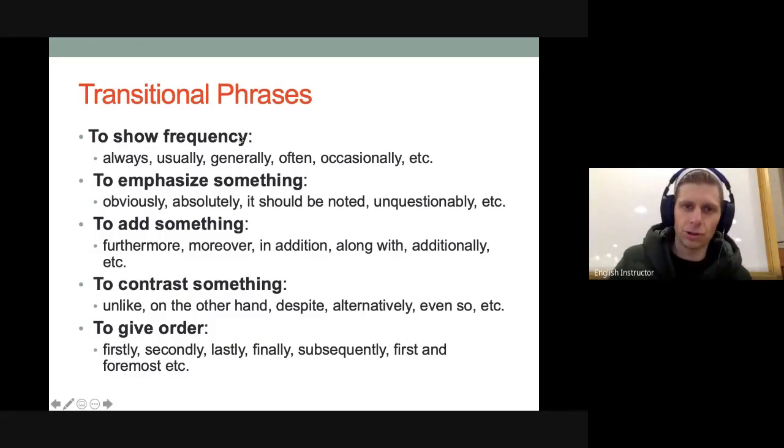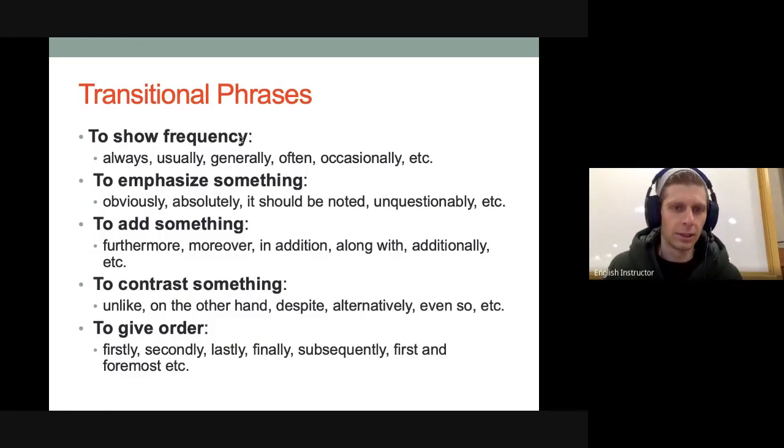And so there are different transitional phrases that we can use. Some of them are going to show frequency. And so we say things like always, or usually, when it's not always, but almost always.